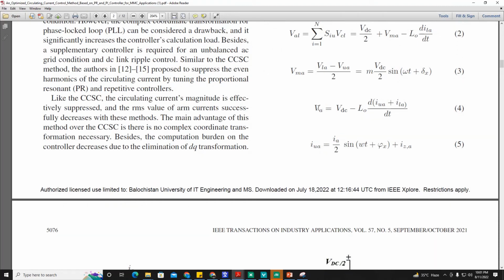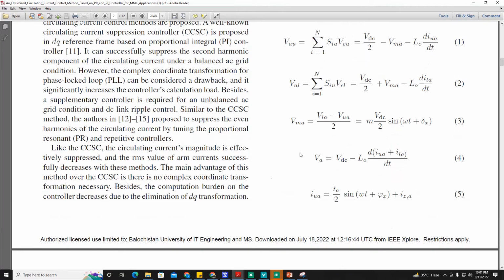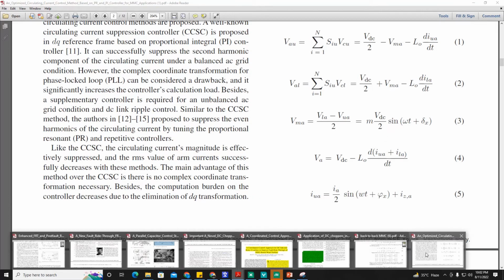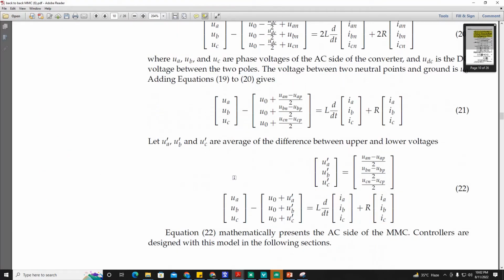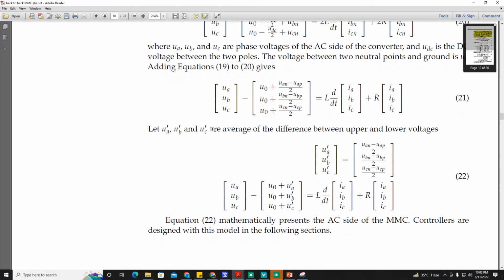So this is the mathematics. Now let's come back to this paper. You are the average and difference between upper and lower arm voltages. So this is equation 22.